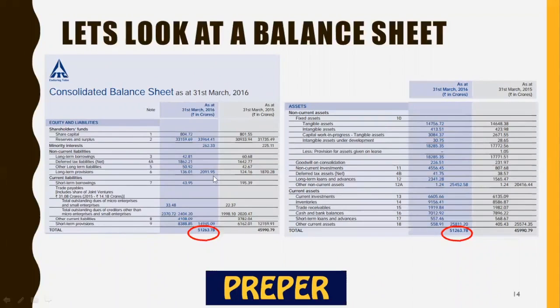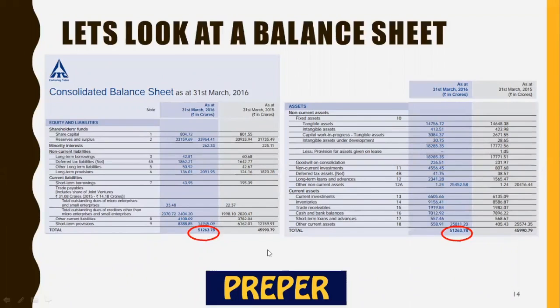The total current liabilities of this company are close to about 14,945 crores. Long-term liabilities are close to about 2,000 crores. Shareholders' equity and minority interest is close to about 34,000 crores. That gives a total, the sum of liabilities and shareholder equity, of 51,200 odd crores.